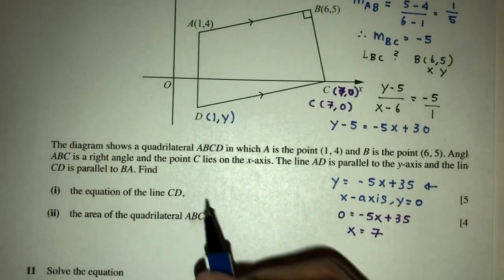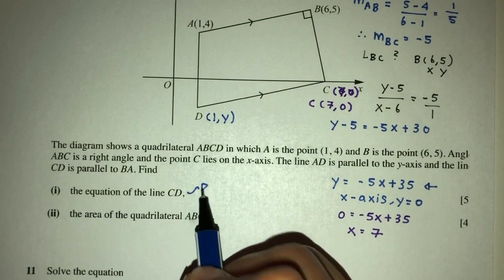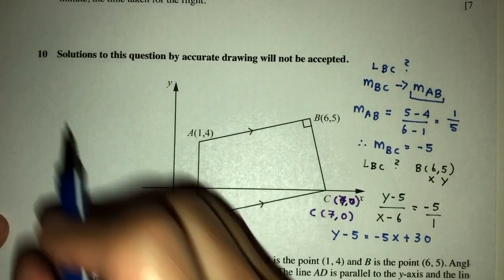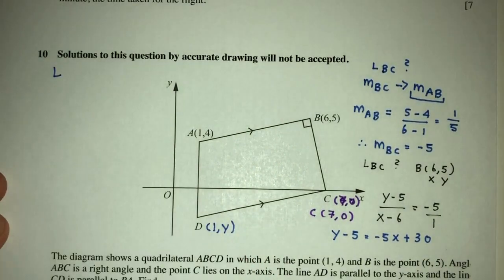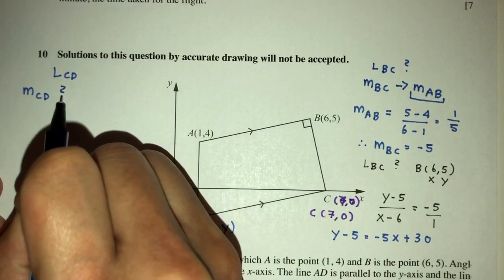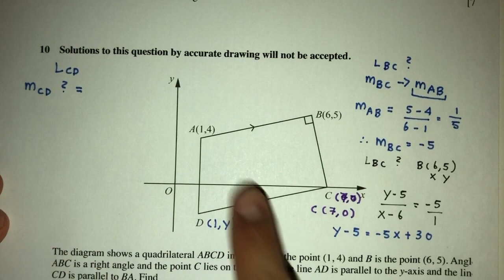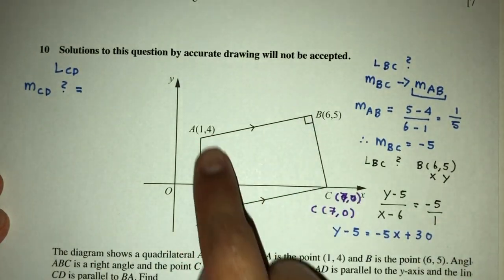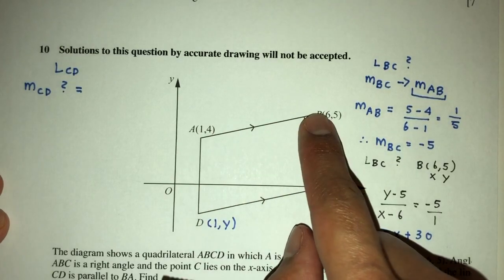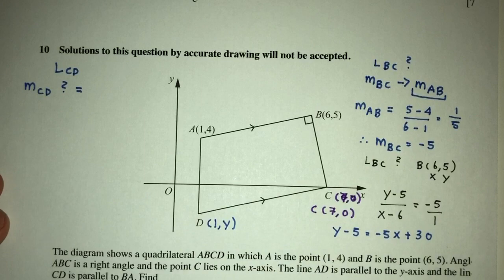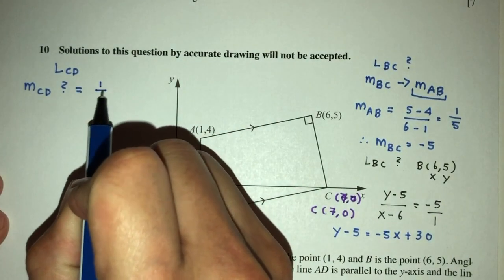Now to find the equation of line CD, let's see what we can do. To find the equation of line CD, we must first find its gradient. This is pretty easy because we know that these two lines are parallel with each other, which means if the gradient of AB is equal to 1 over 5, the gradient of CD has to be the same thing, 1 over 5.